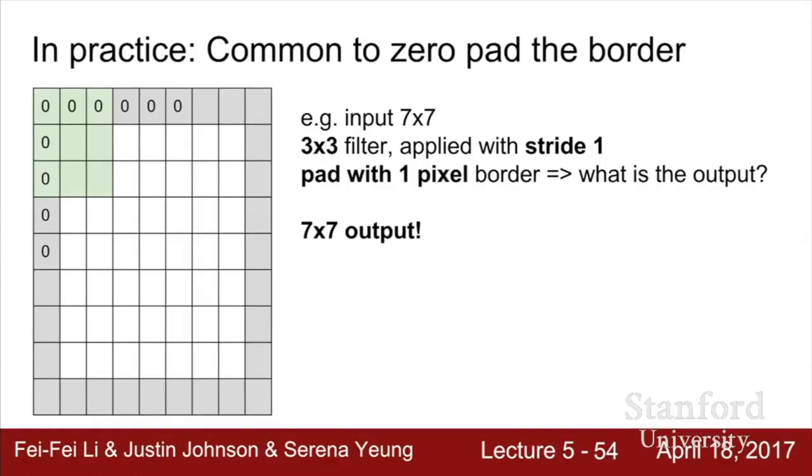Our input had depth, and here in this example, I'm showing a 2D example with no depth, for simplicity. But in practice, you're going to multiply throughout the entire depth as we had before. So your filter is going to be, in this case, a 3 by 3 spatial filter by whatever input depth you had, so 3 by 3 by 3 in this case. Everything else stays the same.